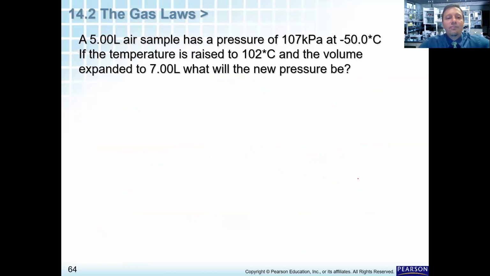So here it says a 5 liter air sample has a pressure of 107 kilopascals at -50 degrees Celsius. If the temperature is raised to 102 degrees Celsius and the volume is expanded to 7 liters, what will the new pressure be? So once again, I see these variables, it alerts me of what I'm going to be using.